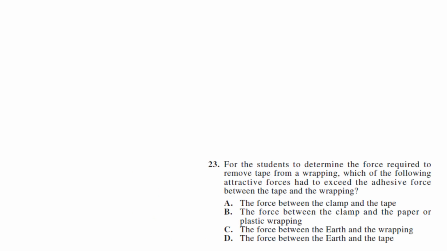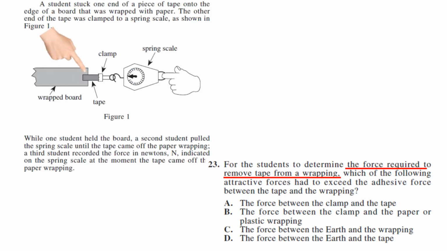Number 23, for the students to determine the force required to remove the tape from the wrappings, we're testing that spot. That's what we want to know. Which of the following attractive forces had to exceed the adhesive force between the tape and the wrapping? So which force has to be greater than the force required to remove the tape from this wrapping? Let's look at our answer choices.